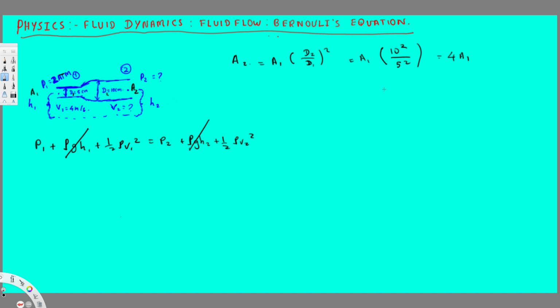Therefore, A1 V1, the volume flow rate, is going to be equal to A2 V2, right? Therefore V2 is going to be equal to A1 V1 divided by A2. We already know that A2 is equal to 4A1, so we can plug that in.